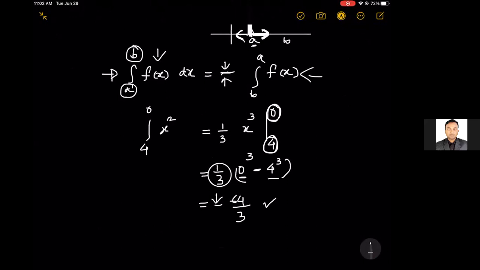That means whatever you have for this, if you change the order, you'll just get the alternate sign, nothing else. The same value, just the alternate sign. If you had a negative value for this, you'll get a positive value for this, and vice versa. This negative sign signifies you can change the order, but you will get an alternate sign assigned to it. The value will be same, just the alternate sign. Any question from this?